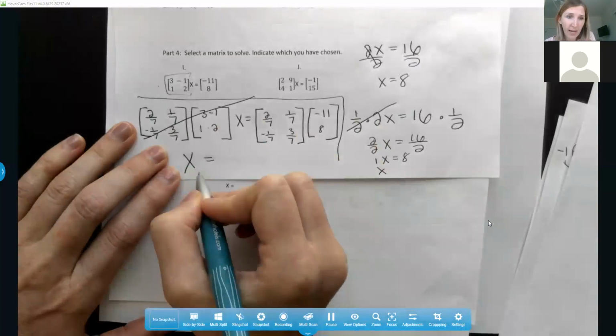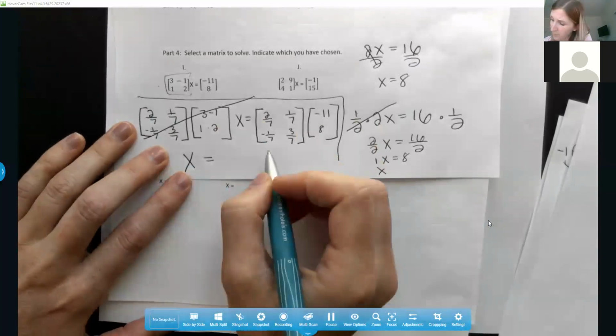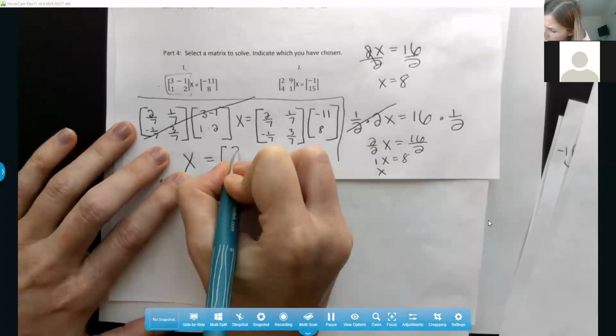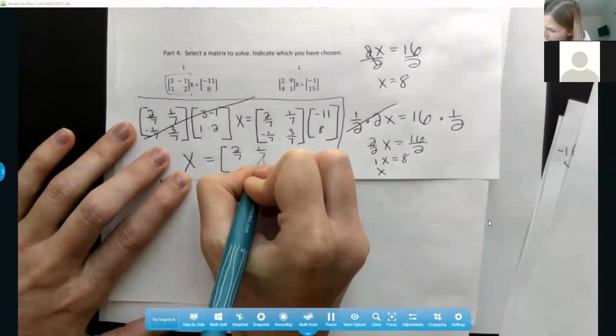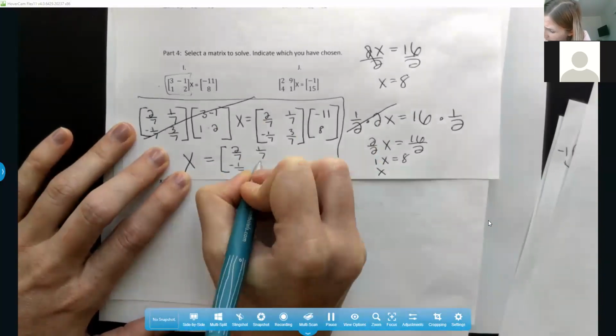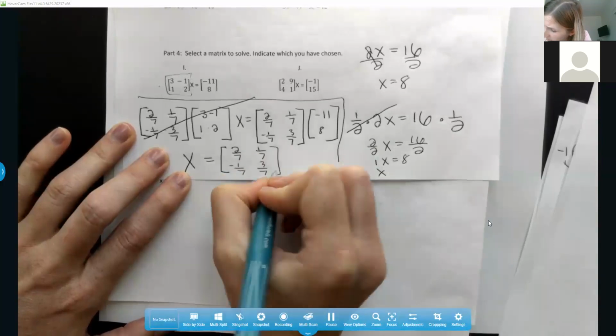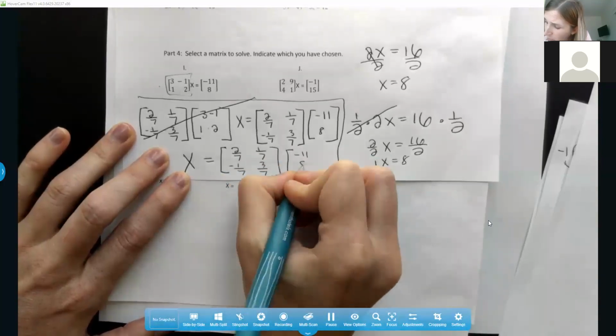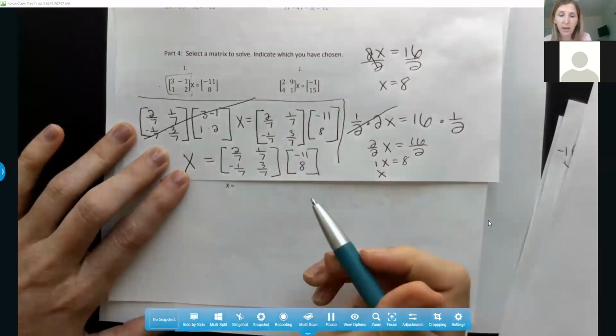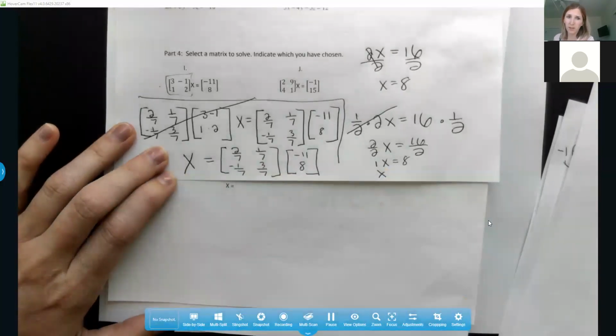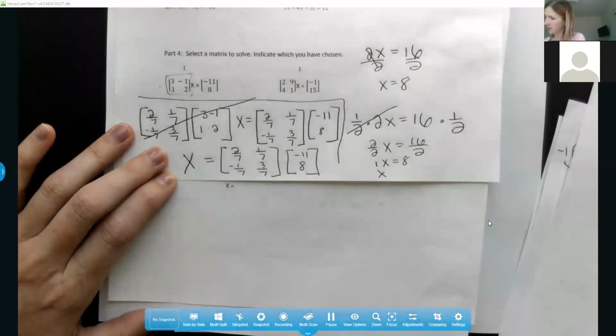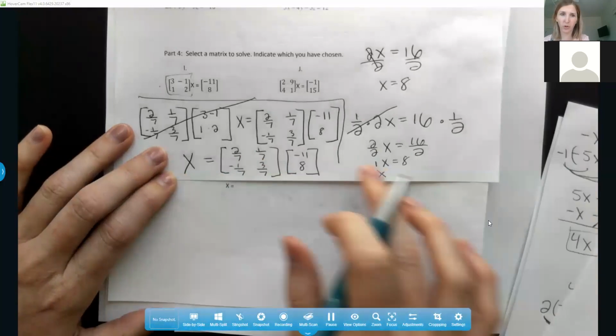So if I'm left with x on this side, the only step that I need to finish is multiplying these two matrices on this side. Now it looks funny because one of them is bigger than the other one, but it will work. All right. So let me know whenever you're ready to start multiplying those two.